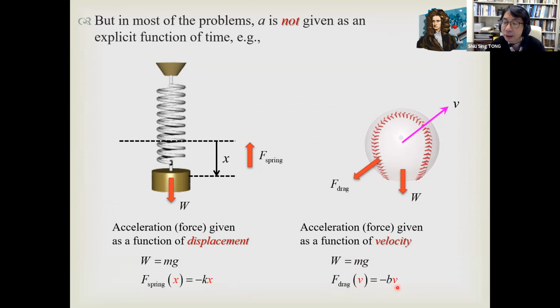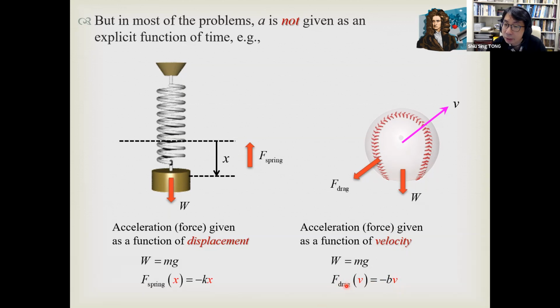And what it means is that when the body is moving fast, it is subjected to larger air resistance. When the body is moving slowly, air resistance is small. But if the body is moving very fast, then it will be subjected to a larger air resistance. In general, the drag force may be proportional to some power of the velocity, and is in the opposite direction.